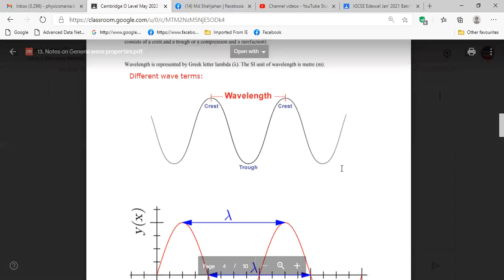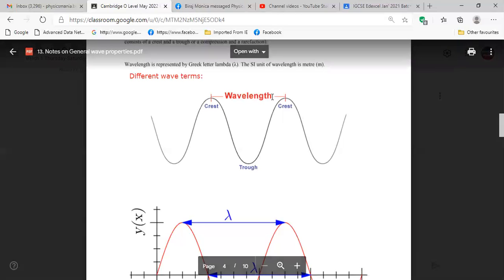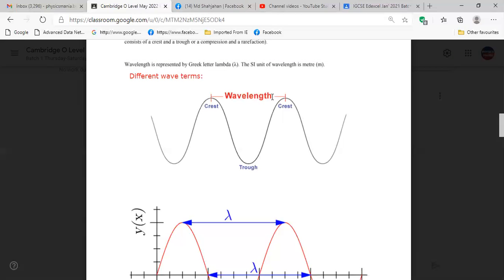The distance between two troughs and the distance between two crests are equal, right? This distance is known as wavelength. Other than these two, we have another length which we can show as wavelength. Do you know that?